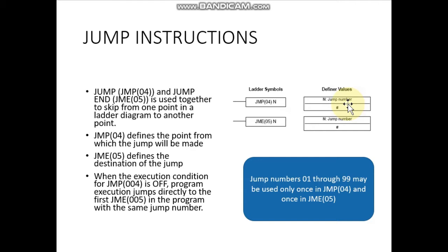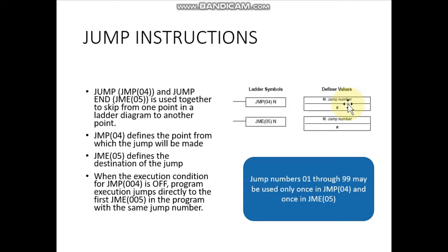When the execution condition for jump is off, program execution jumps directly to the first JME in the program with the same jump number. So like the IL or interlock, the execution condition must be off.